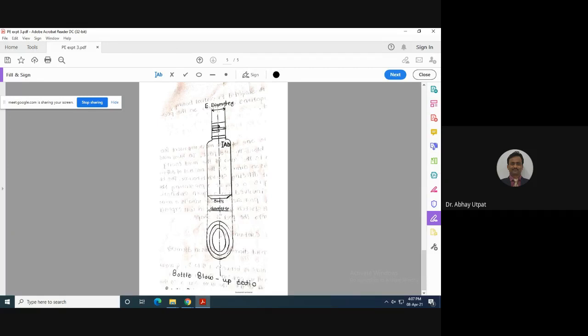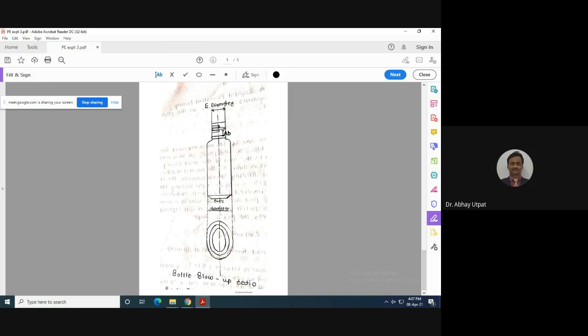As you know, there is a parison which is used for producing the bottle. So blow ratio means product diameter upon parison diameter, or mold diameter upon parison diameter.